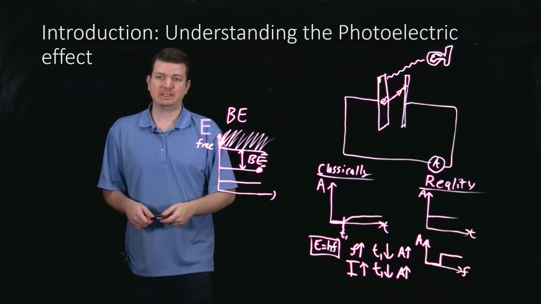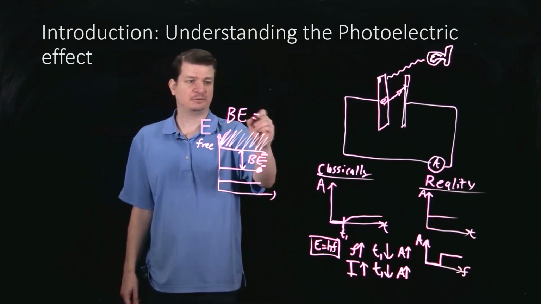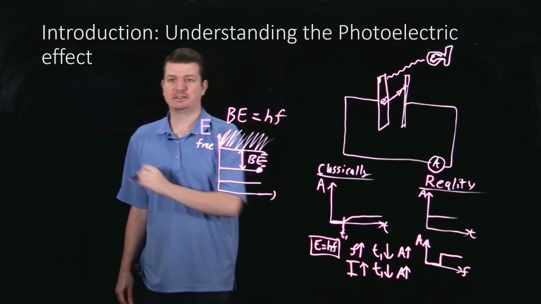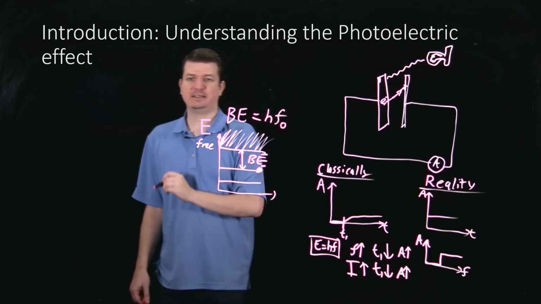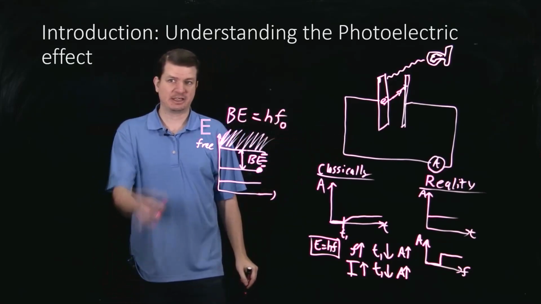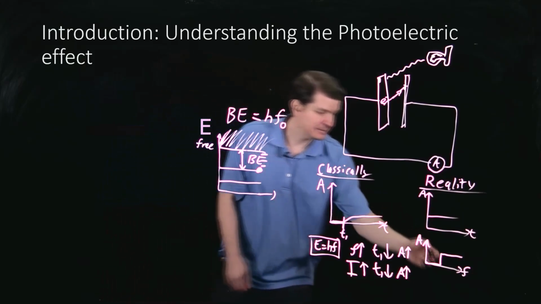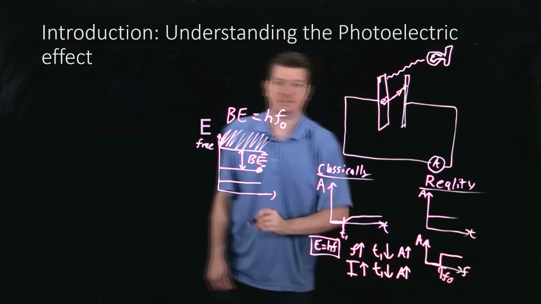So now what that means is, if E equals hf is equal to the binding energy, well, then that is the minimum frequency in order to turn this thing on. And so that f0 nicely explains this threshold frequency we have here, making that f0.